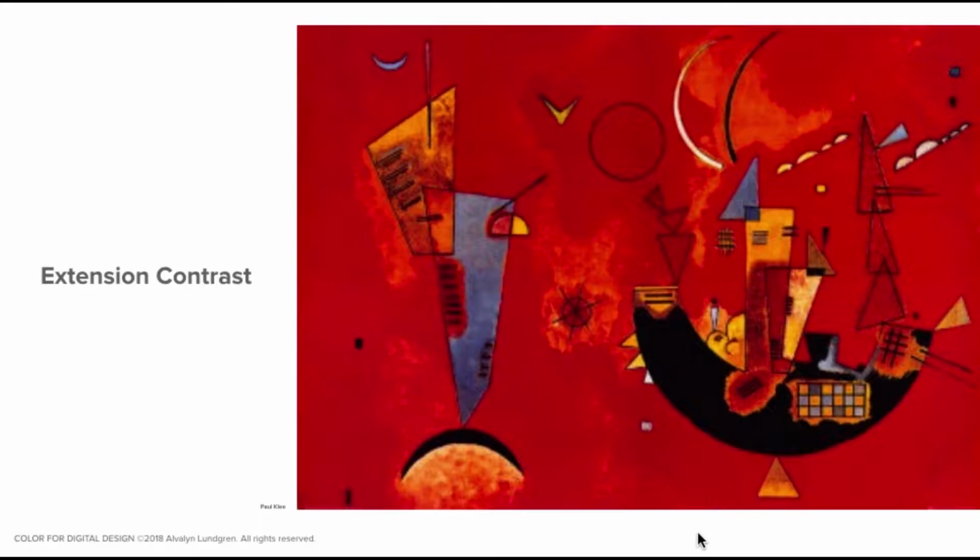So what's happening here is that the overextended or greater proportion of red is having the most impact on us visually, and it's affecting how the other colors appear as well. We also have value contrast going on, definitely hue contrast. We've got red and blue and yellow. So we can see that other color contrasts are still happening, even though this is very obviously an extension contrast thing.